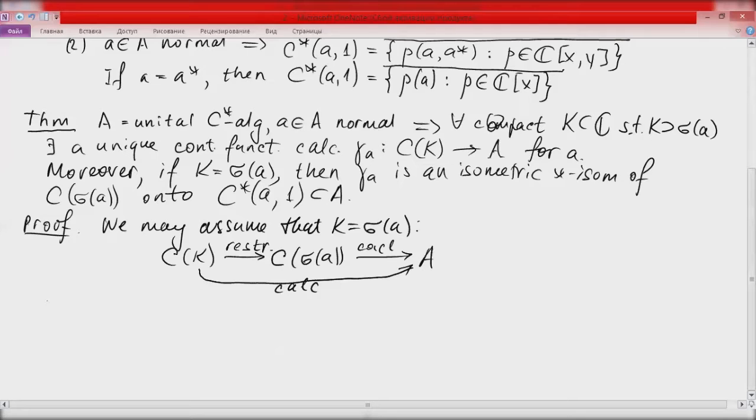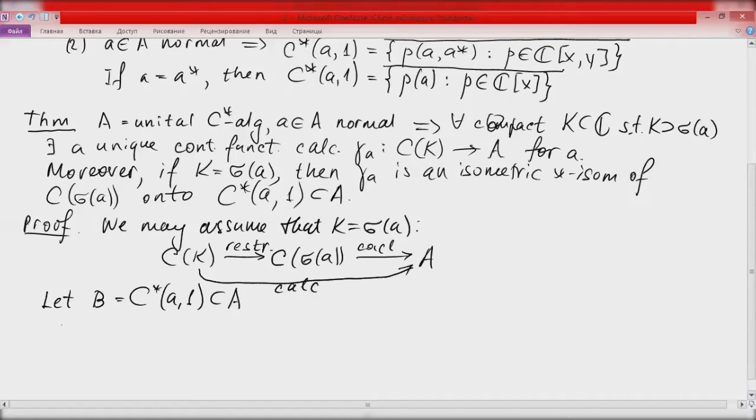So let now B denote the C-star subalgebra of A generated by little a and the identity element. Let's recall the spectral invariance result, which was proved at the previous lecture.